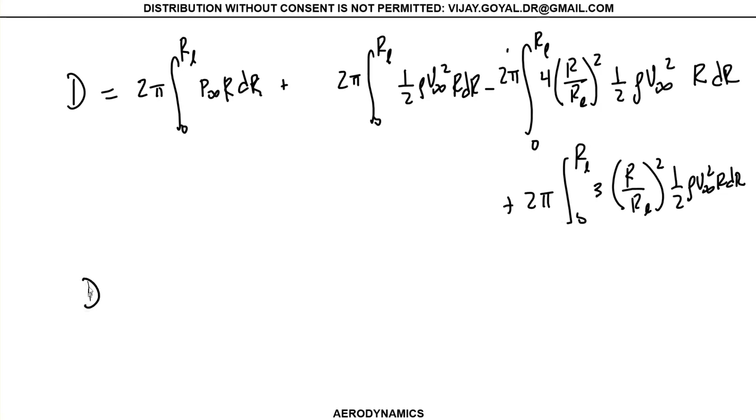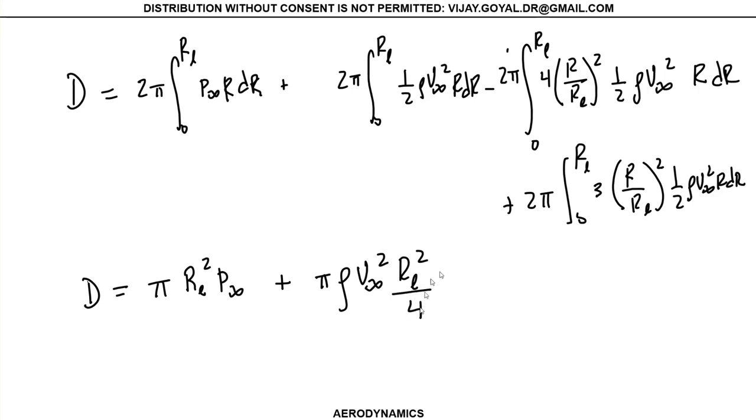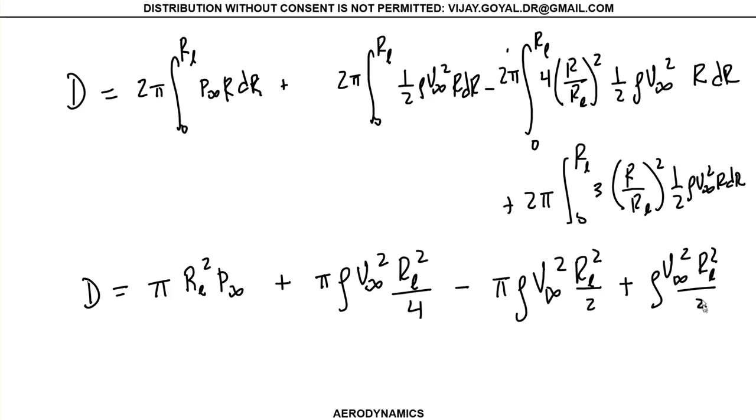So if I integrate this, you can show that the answer you get is pi RL squared P infinite plus pi rho V infinite squared RL squared divided by 4, minus pi rho V infinite squared RL squared divided by 2, plus rho V infinite squared RL squared divided by 2, divided by 4.